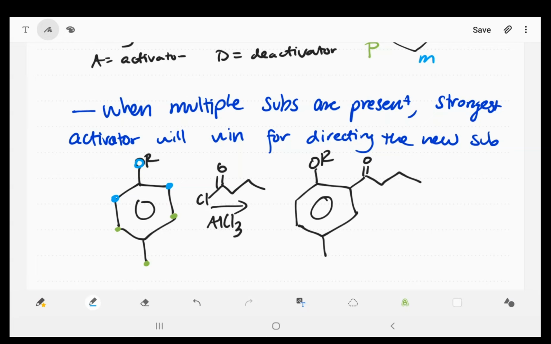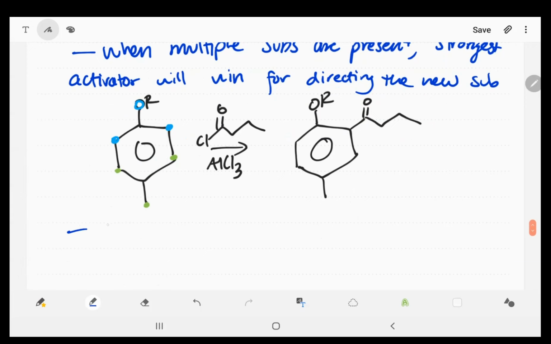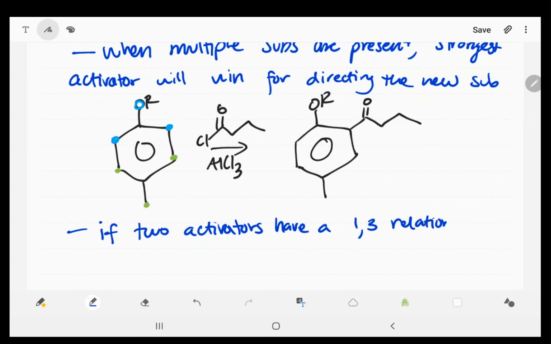I lied, there are four rules. Isn't that fun? So if two groups are in a meta relationship, the new substituent will not go between them.